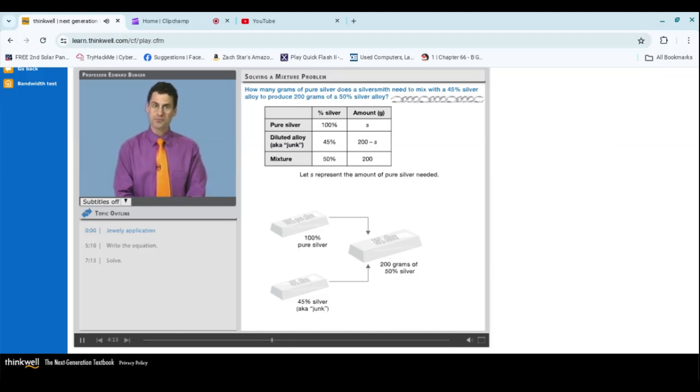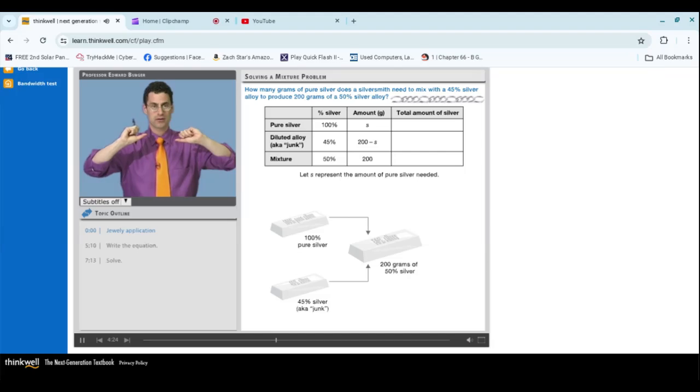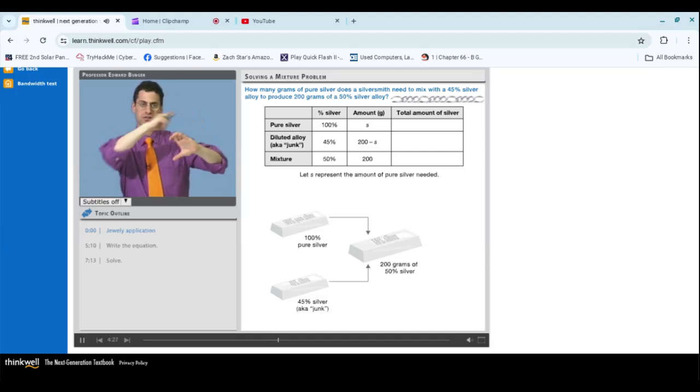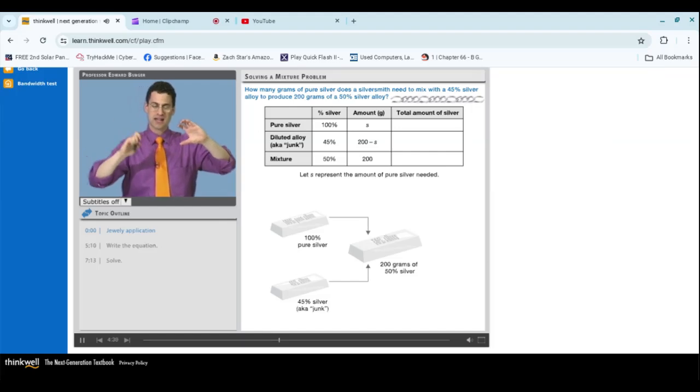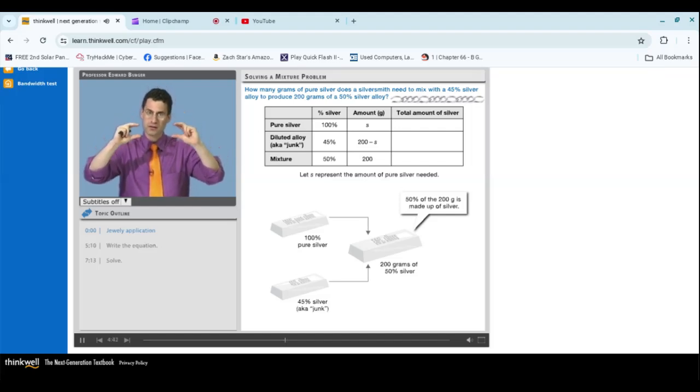When I'm all done with that big blob of 200 stuff, how much of that 200 grams should be pure silver? Look at the question again. It says this thing should be 50% alloy, which means also 50% good stuff. So if the thing is 200 grams in total, how much pure silver is there? 100, right?